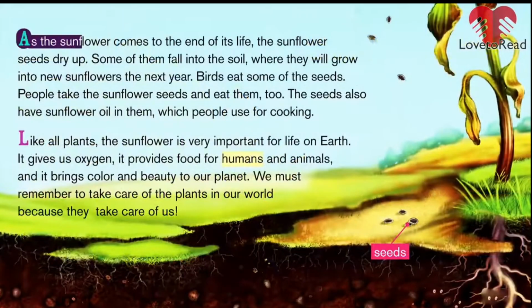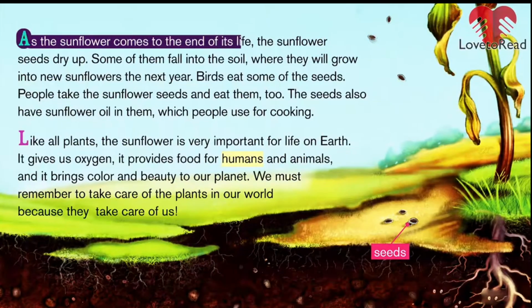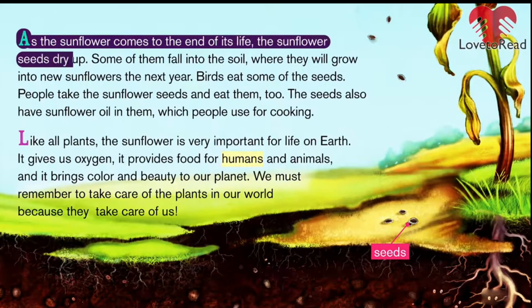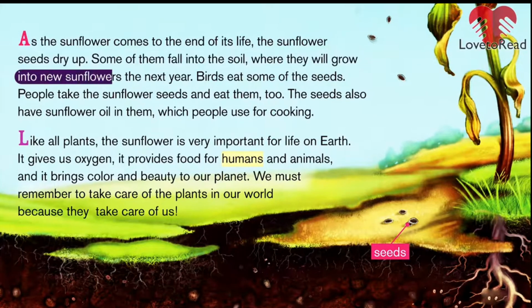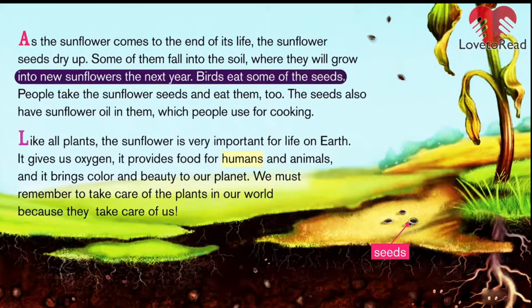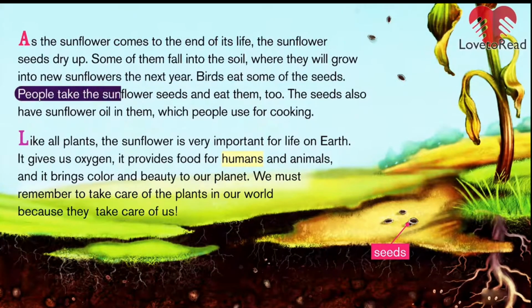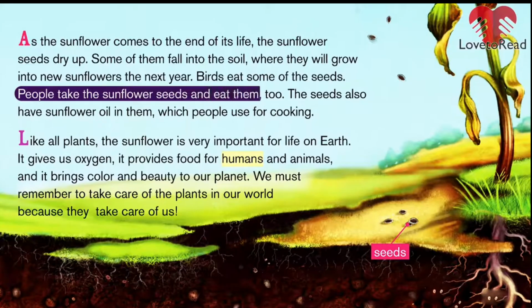As the sunflower comes to the end of its life, the sunflower seeds dry up. Some of them fall into the soil, where they will grow into new sunflowers next year. Birds eat some of the seeds. People take the sunflower seeds and eat them too.